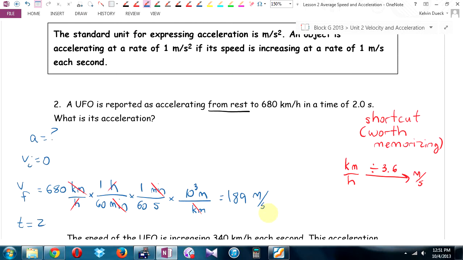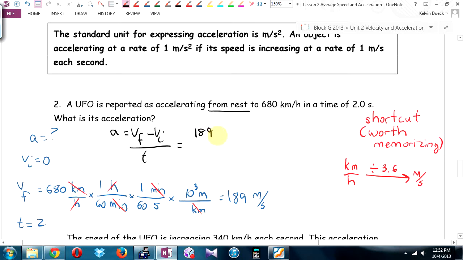So acceleration is going to be A equals V final minus V initial. Is that what you're going to say to me? Yep. And by the way, you can say final velocity, or you can just go VF minus VI over T, which is less verbalizing and easier to write down. So that would be 188.